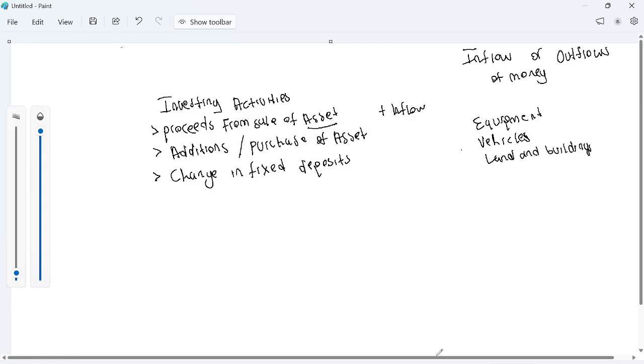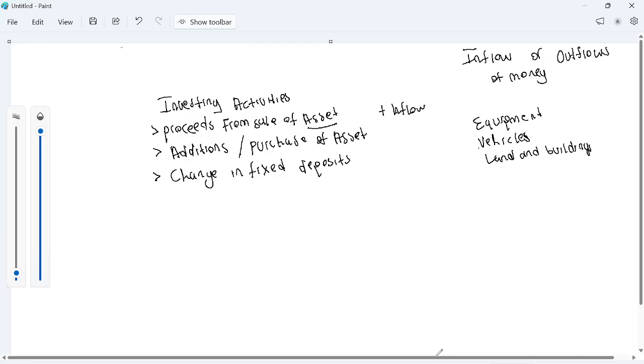So if we sold an equipment, if we sold vehicles, the money that we received from us selling this asset, meaning the disposals of these two assets, we're gonna put them here. If we sold an equipment and vehicle at the same time, we're going to add the disposal at carrying value and put them here as part of our inflows, right?